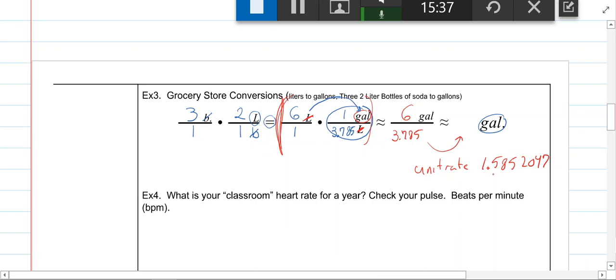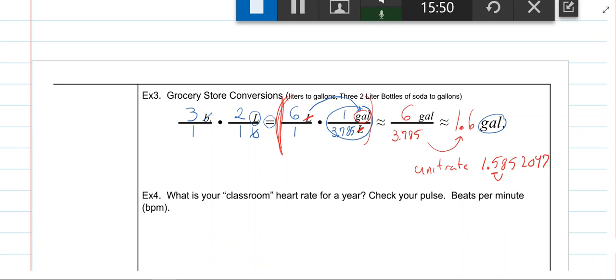So let's look to the nearest tenth. This 8 is going to make that 5 go up to a 6, so we're going to call this approximately 1.6 gallons. That's a lot less than I thought it was in gallons.